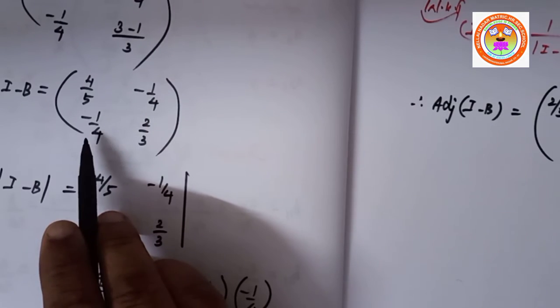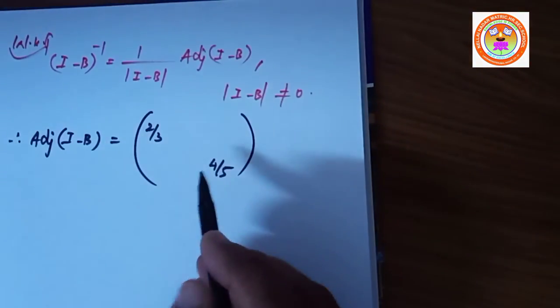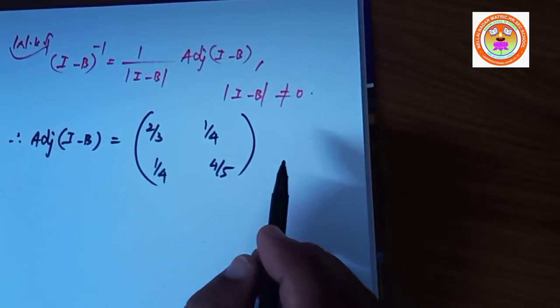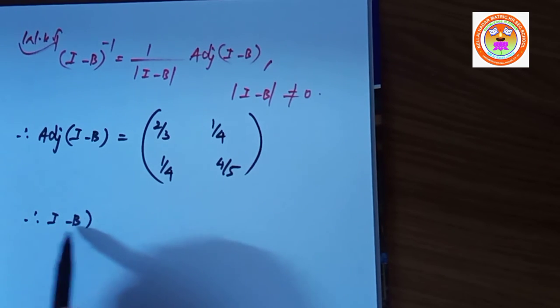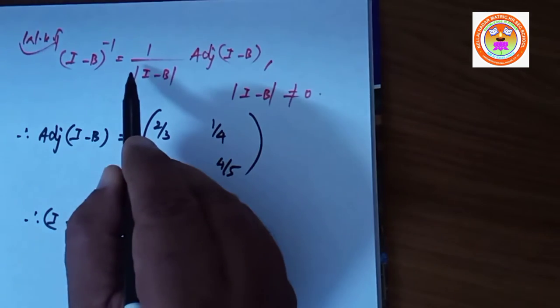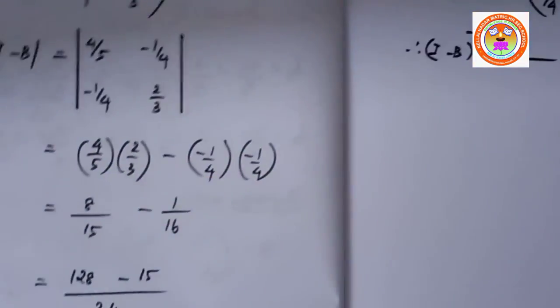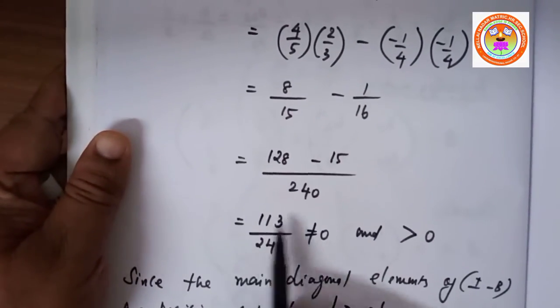This one is plus, it will also be plus, plus 1 by 4, plus 1 by 4. Then you have to find out I minus B whole inverse. Here is the formula, 1 divided by the determinant of I minus B, that is equal to 113 divided by 240.